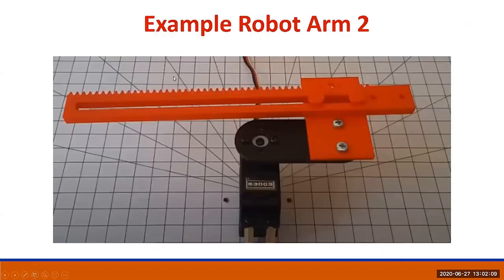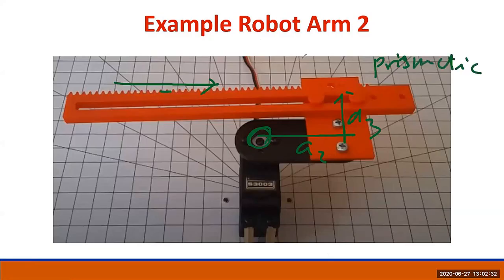Example robot arm number 2. This one has a revolute joint over here, and you have A2 over here, A3 up to here. And since this one can be pushed, this one is actually a prismatic joint.